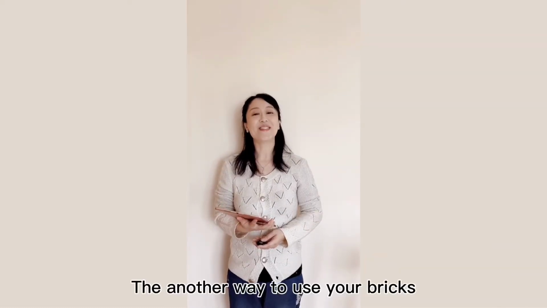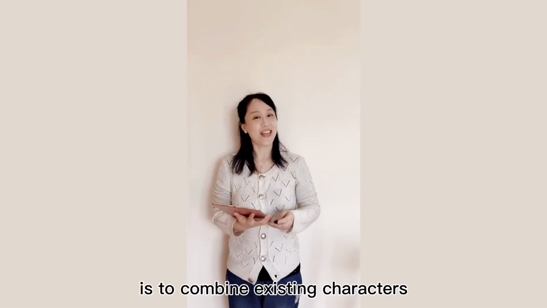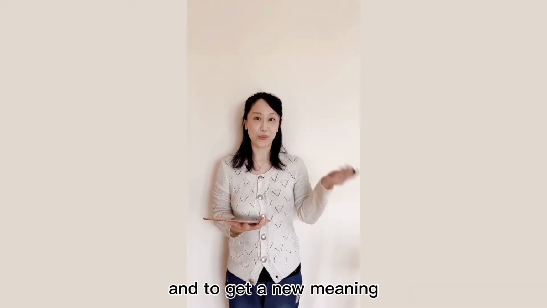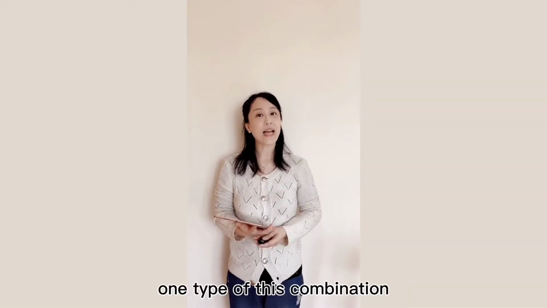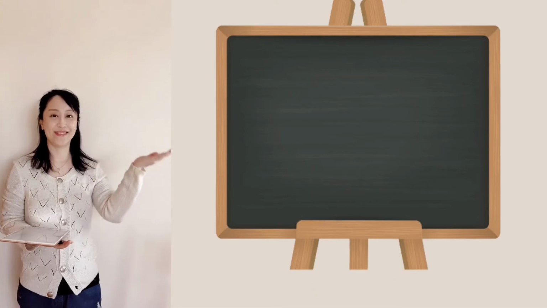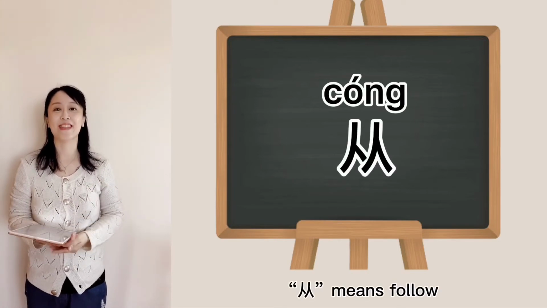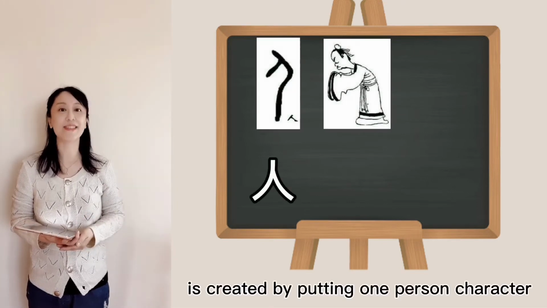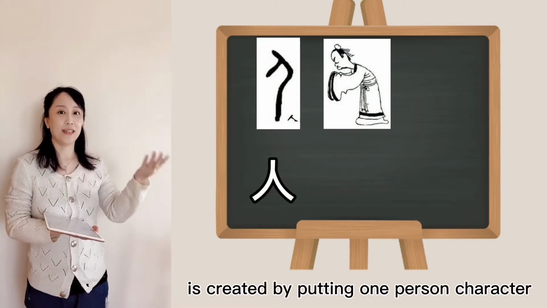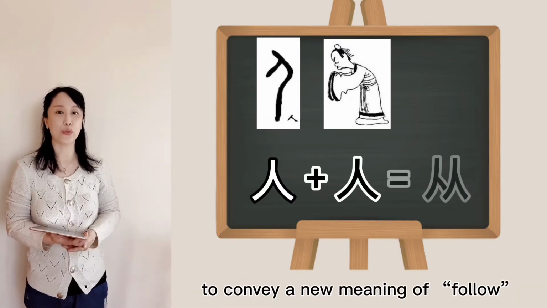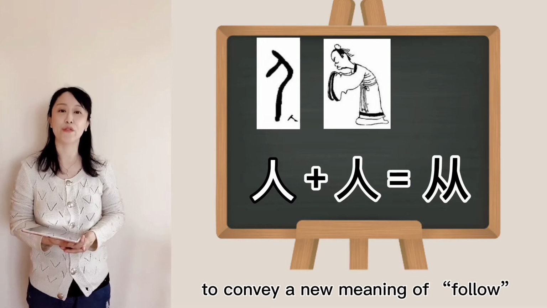Another way to use your bricks is to combine existing characters to get a new meaning. One type of this combination is known as ideographic characters. For example, 从 means follow. This character is created by putting one person character after another person character to convey a new meaning of follow.